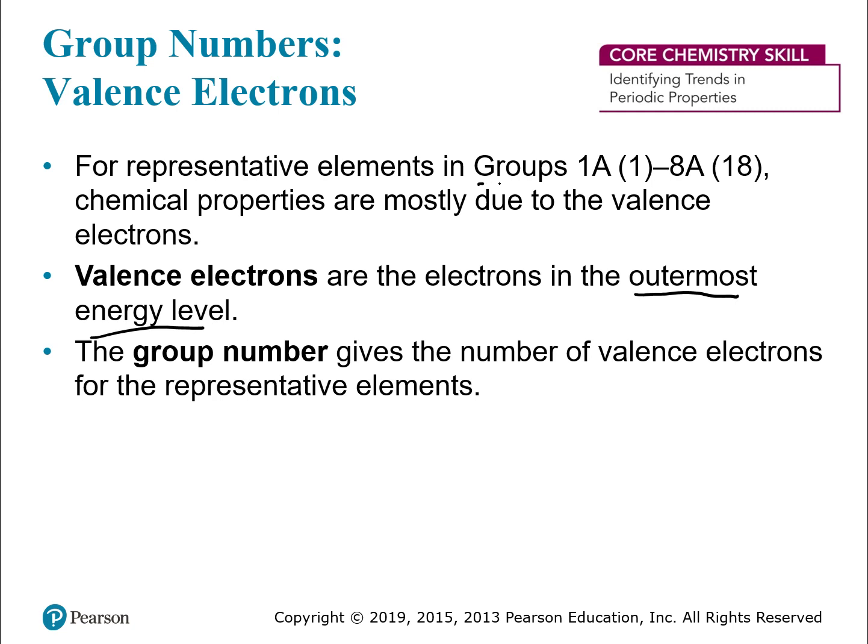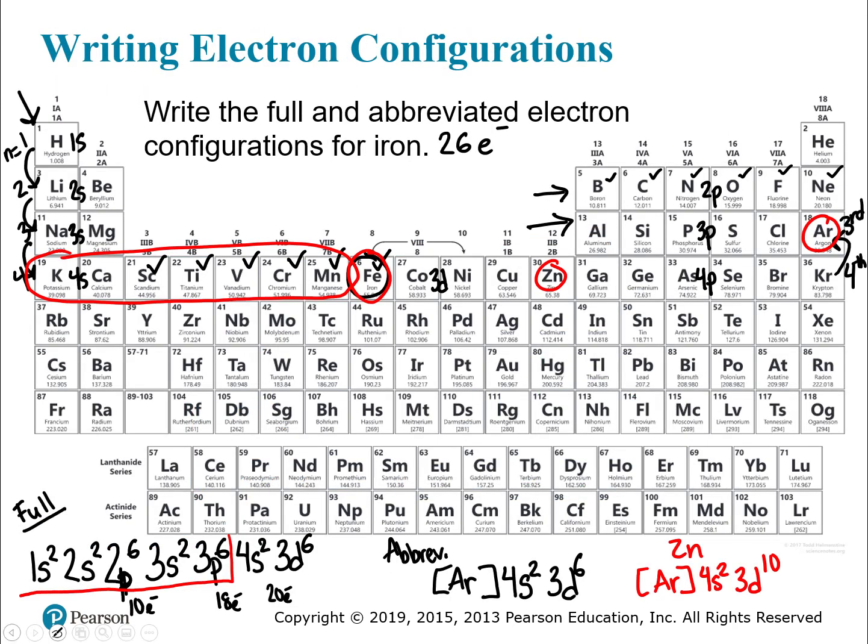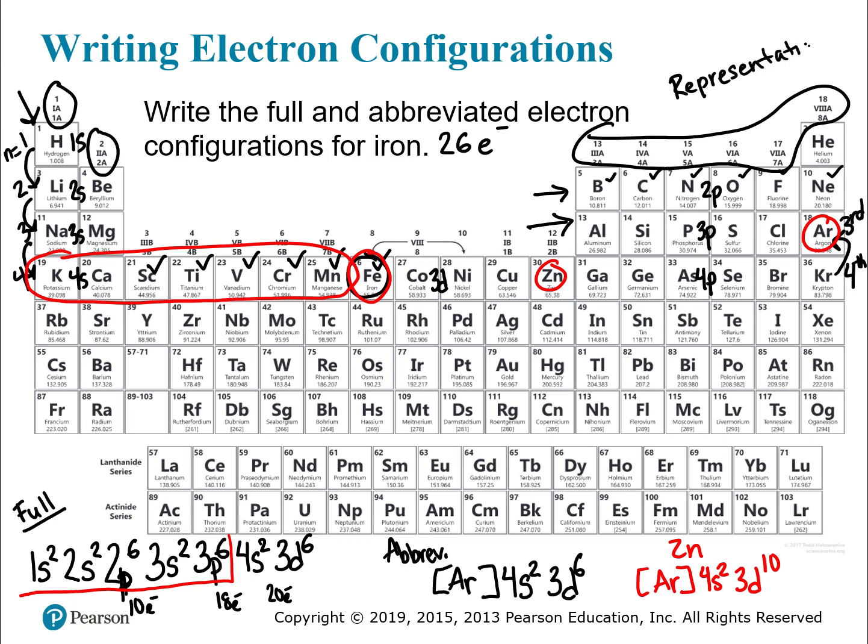For the representative elements, which we're talking about groups 1A through 8A, so like if we go back to a periodic table, all of those that I just circled are representative elements. So that's what we're talking about here for this trend.